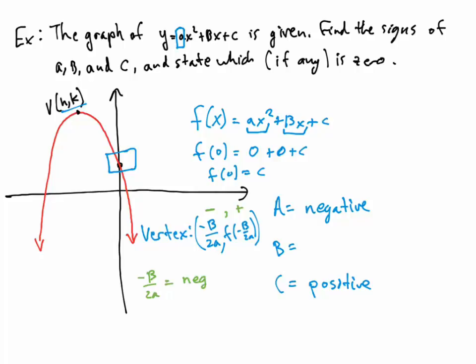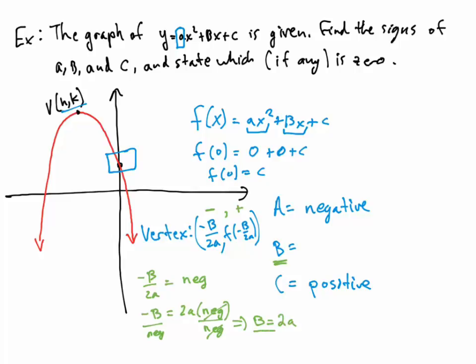Well, if we take negative b over 2a, and we know that that's a negative number, we need to solve this for b, because we need to determine the sign of b here. So multiply both sides by 2a. We're going to get 2a times some negative number. And then to solve for b, we're going to divide by a negative. On the right side, the negatives cancel and we get a positive 2a.